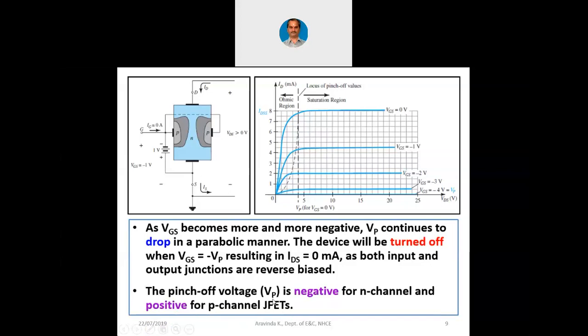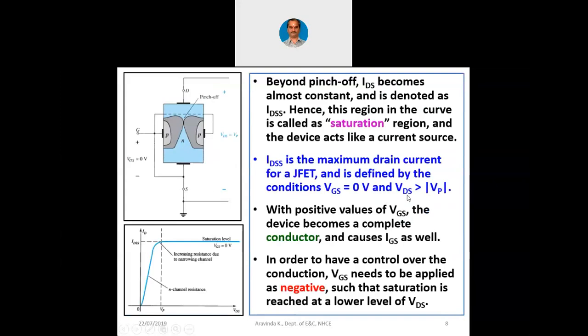The pinch off voltage is negative for N channel and positive for P channel JFETs. Whatever I spoke till now, we are discussing N channel. So in this case, the pinch off voltage is negative. That means we can say that this VP is nothing but minus 4 volts. I will show you. Here I told VDS is greater than mod of VP. Why did we say VDS is greater than mod of VP?